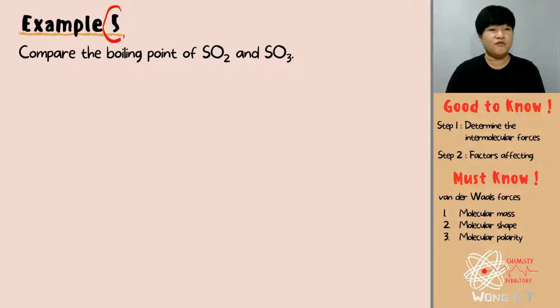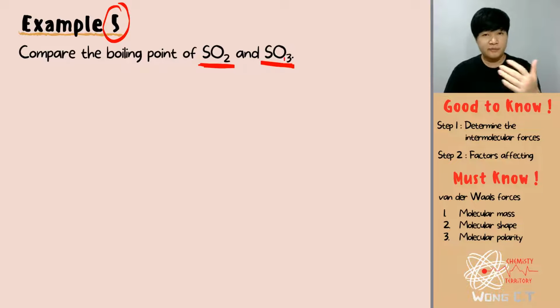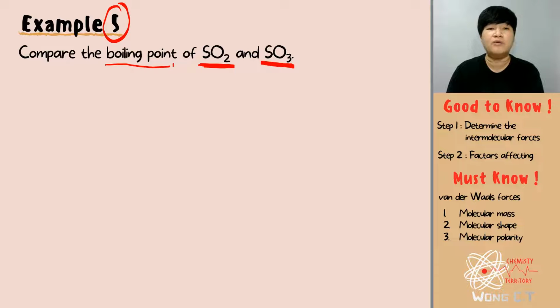Next, let's go for example 5 where we are comparing your SO2 and your SO3. From the question itself, you can see sulfur, oxygen, obviously no hydrogen bond. Both of them will only have van der Waals forces.